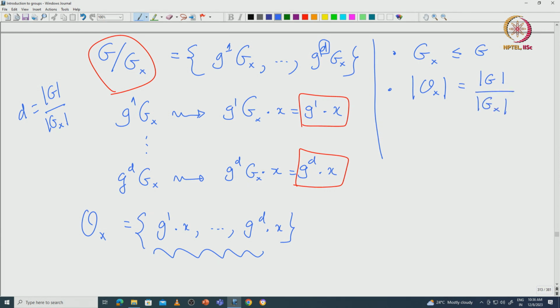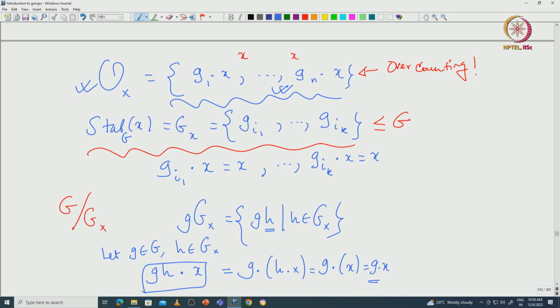Of course, here I am assuming that G is finite. I will stop here and continue with the proof in the next lecture, and I will also demonstrate this using some examples.